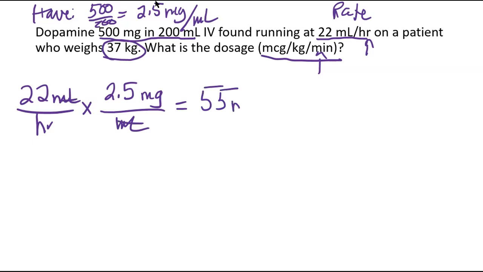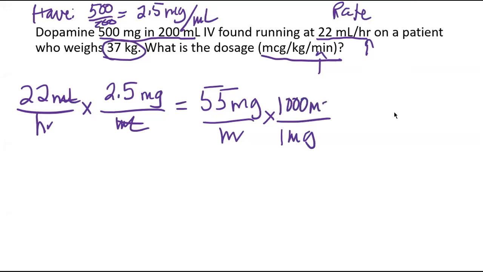That's milligrams per hour. And so now if we want to convert to micrograms, we're going to go with 1 milligram underneath and 1,000 micrograms at the top. So that's going to give you an easy number of 55,000 micrograms. We cross these out, per hour.